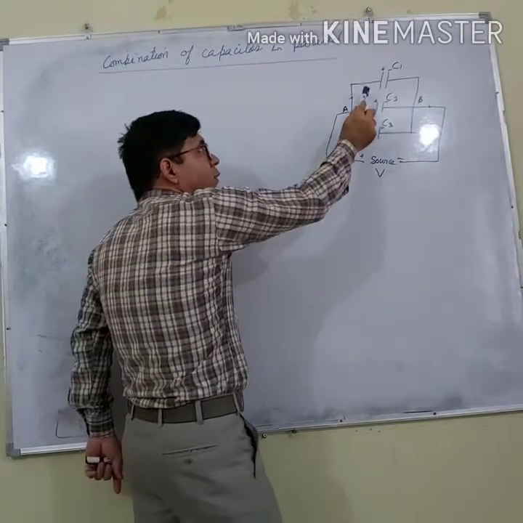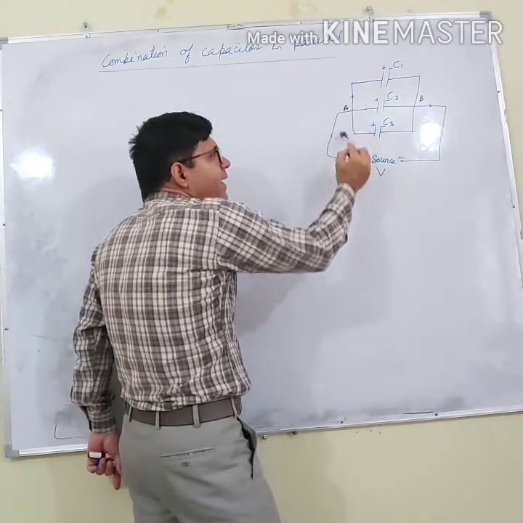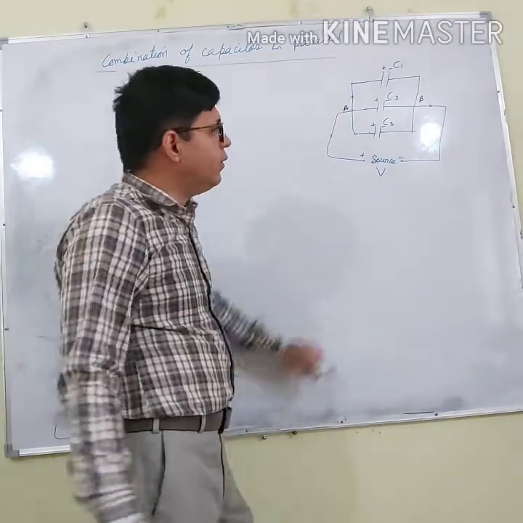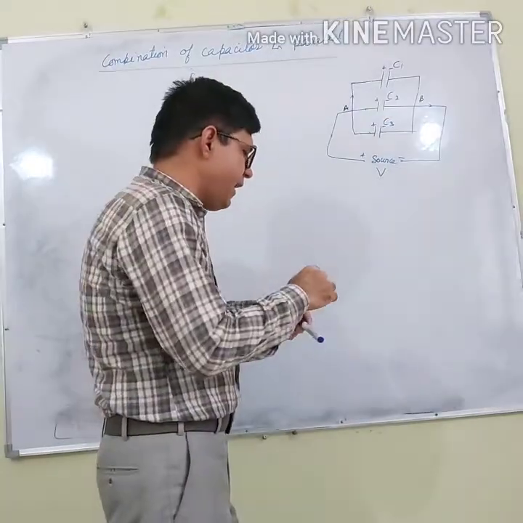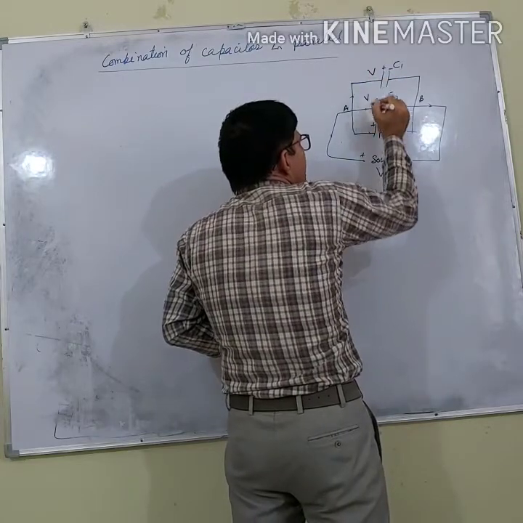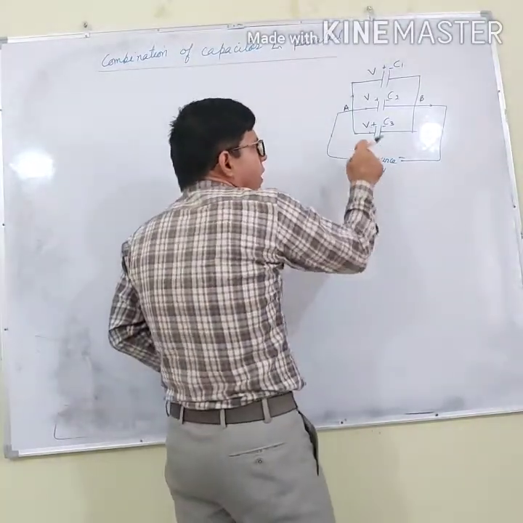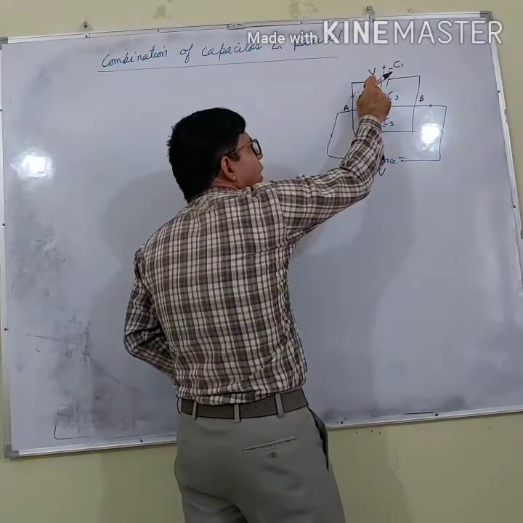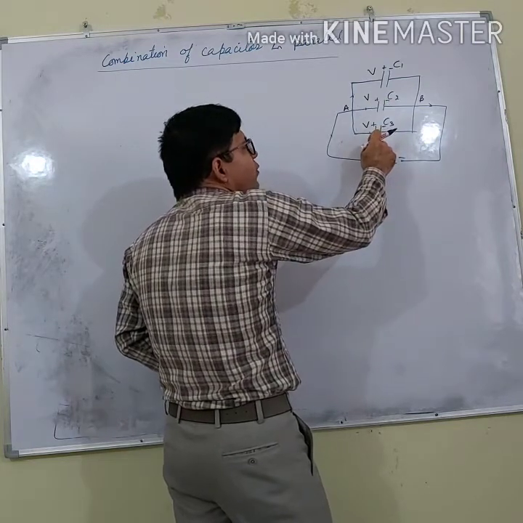Now, since all these plates are connected to point A and point A is directly connected to the source of EMF whose voltage is V, I can say that potential at A is V. So I can say that potential of each and every capacitor is V. Right? Now, let us say a part of charge Q is used by C1, another part is used by C2 and the remaining is used by C3.